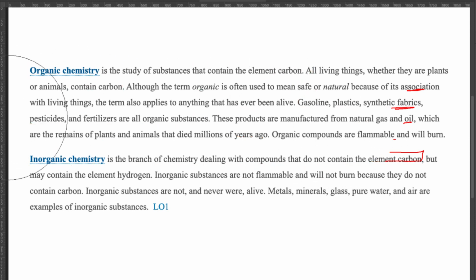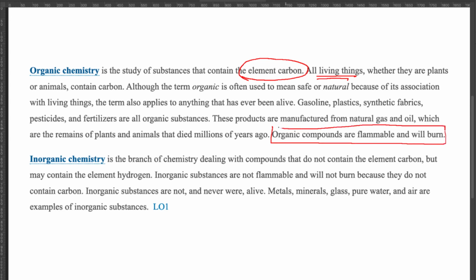I'll erase everything and focus on, first of all, three things: organic chemistry must have the element carbon in it. It is derived from what were once living things. And the third thing is organic compounds are flammable and will burn. They're combustible.